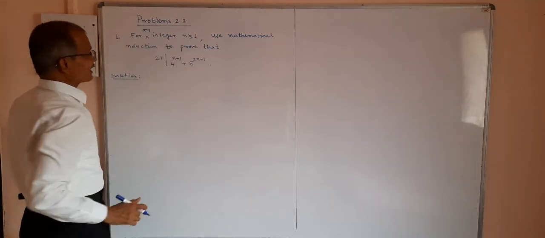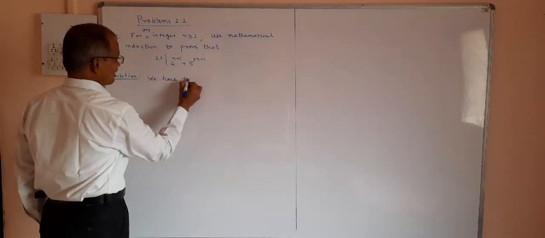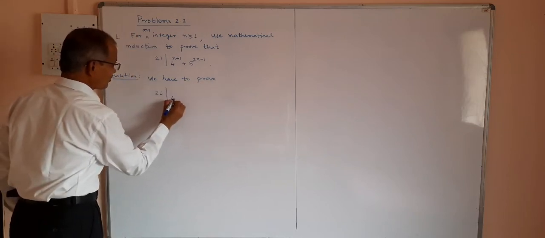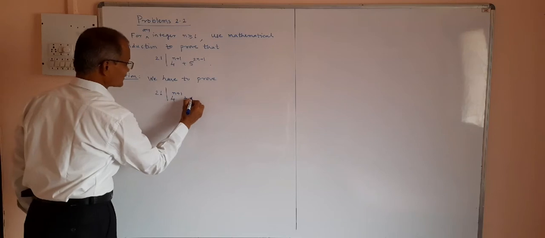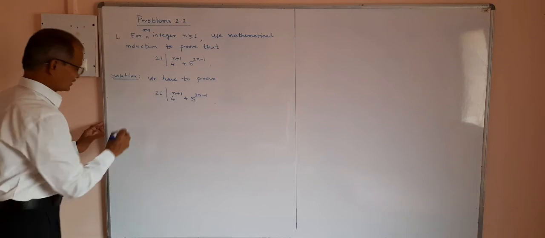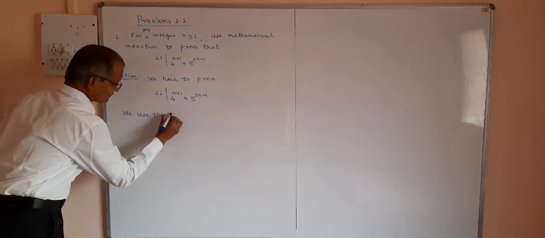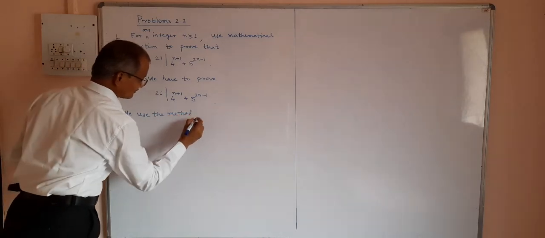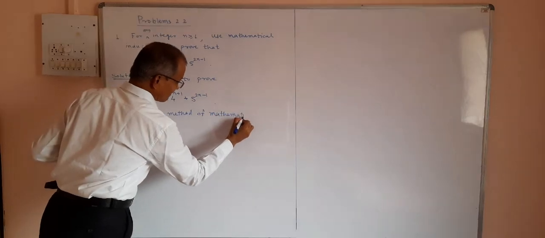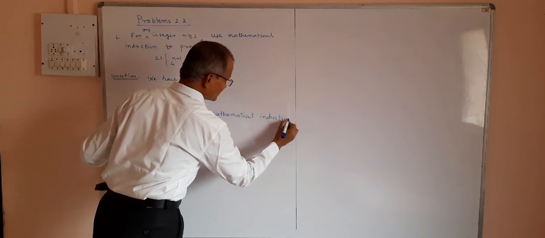Now consider this result as we have to prove: 21 divides 4 to the power n plus 1 plus 5 to the power 2n minus 1. Now we use the method of mathematical induction, and in this the first step is to prove the result.